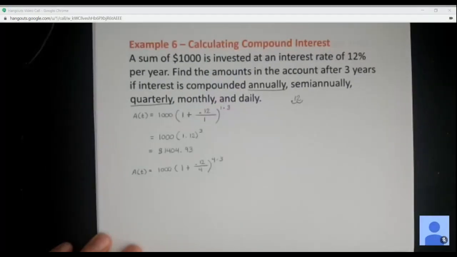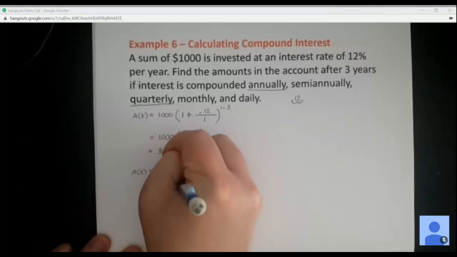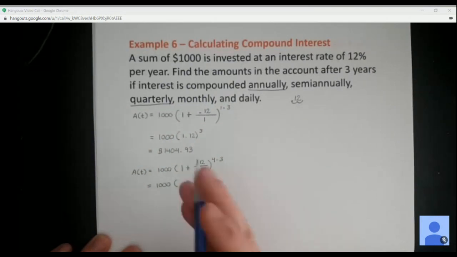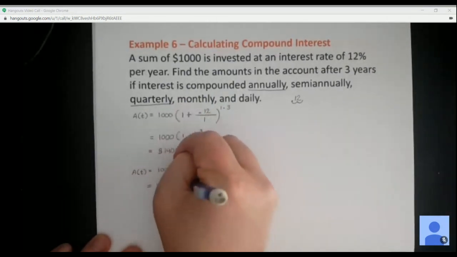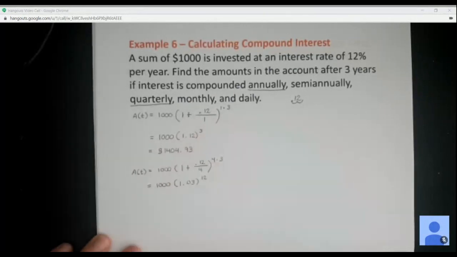Now again, we can go through and simplify first if you want, or you can put the whole thing right in the calculator. I'm going to go ahead and clean up what's in parentheses here. 0.12 divided by 4 is 0.03. Add that to 1, we get 1.03. And then 4 times 3 in the exponent should be 12.